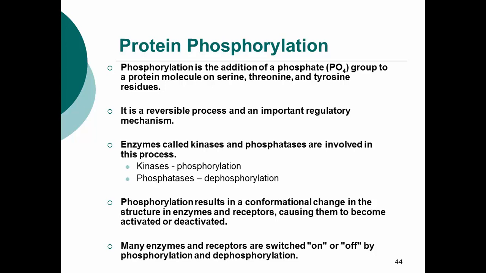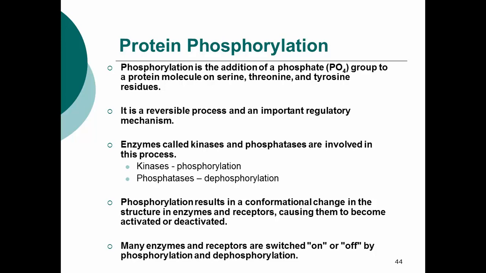And phosphorylation, when a phosphate group is added to the protein, can cause a conformation change of the protein, leading to a change in enzyme activity, right? So it's sort of a mechanism. Many of the enzymes and transporters can be phosphorylated or dephosphorylated, switched on and off, right, by adding or removing a phosphate group.